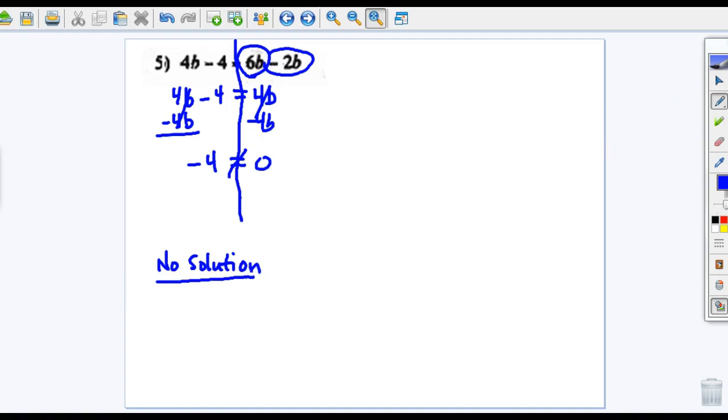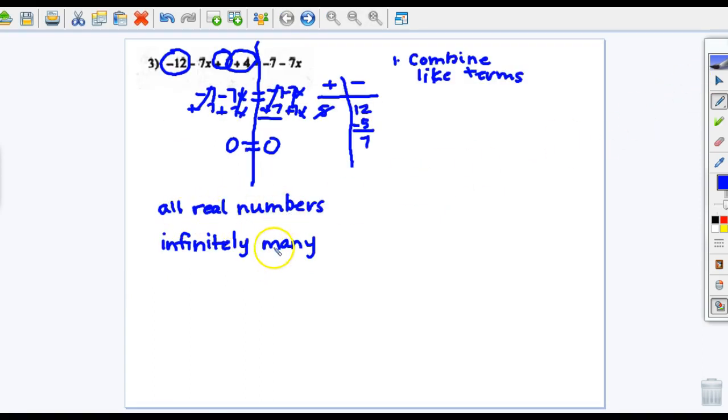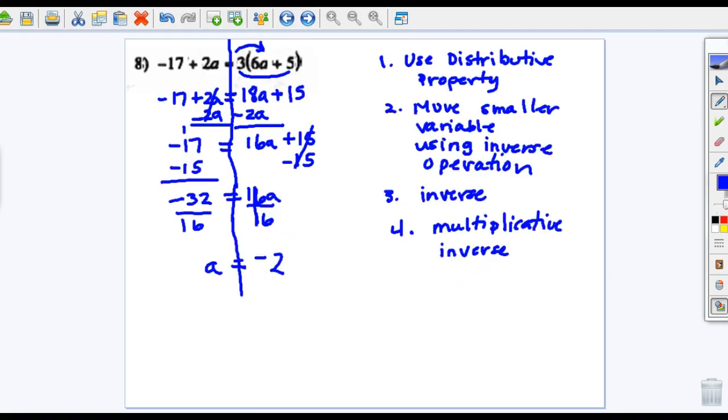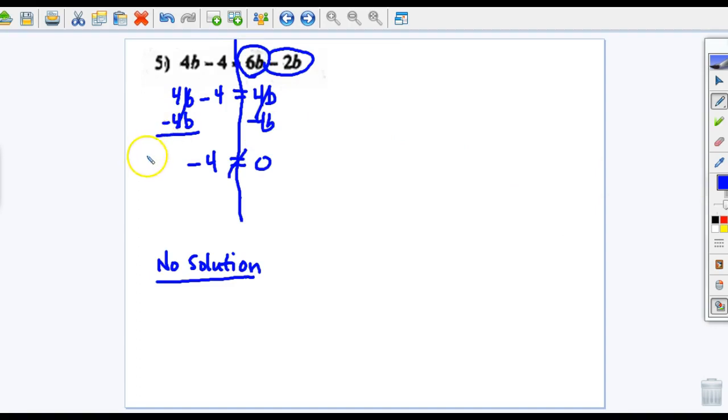One possible answer would be all real numbers or infinitely many. Another possible answer would be where you get your variable equal to a number, positive or negative, maybe even a fraction. And the third possible solution would be when they don't equal and your answer is no solution.